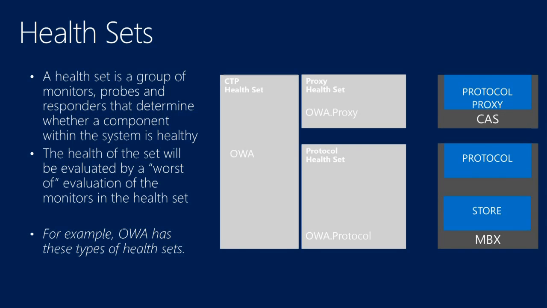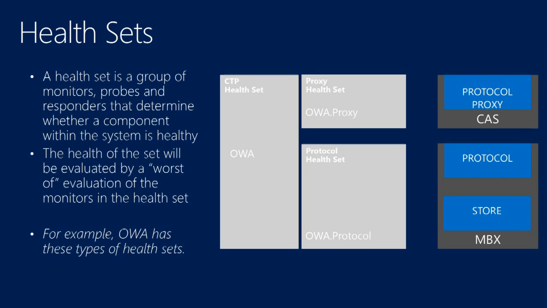So the customer touchpoint health set for OWA would include the proxy health set for OWA.proxy and the protocol health set for OWA.protocol. And you'll see a lot of similar naming for the other protocols, like Active Sync Proxy, Active Sync Protocol, POP Proxy, POP Protocol, et cetera. You'll recognize a fairly standard naming scheme.